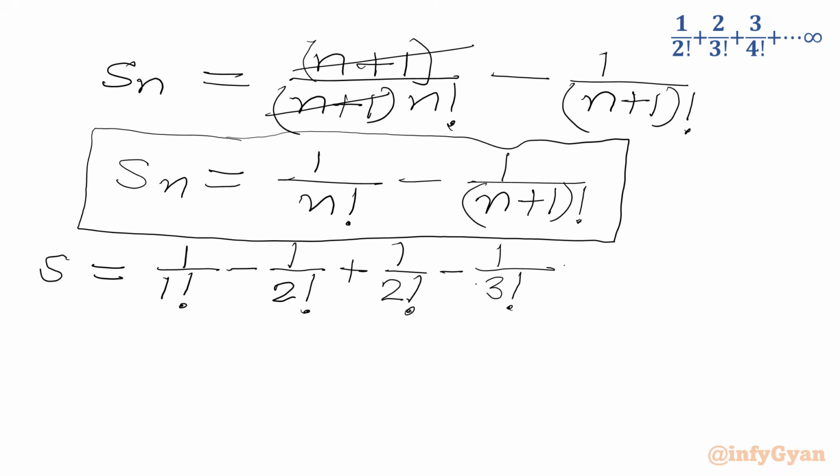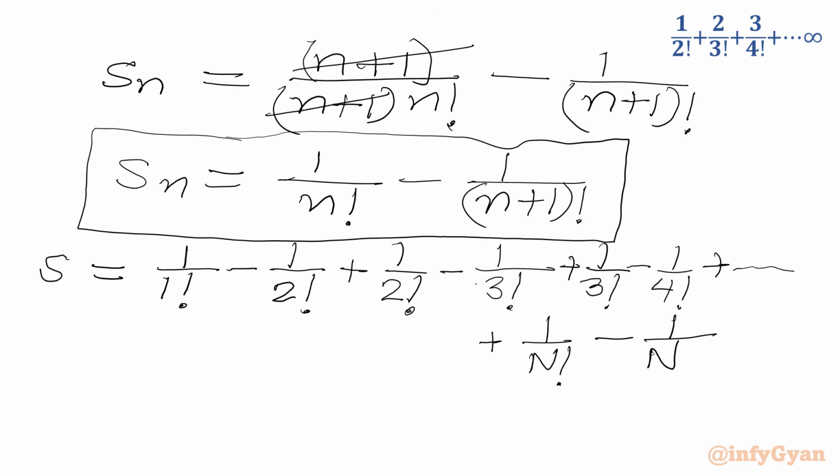If I put n equal to 3, I can write 1 over 3 factorial minus 1 over 4 factorial. If I put n equal to capital N, I can write here 1 over N factorial minus 1 over (N plus 1) factorial.